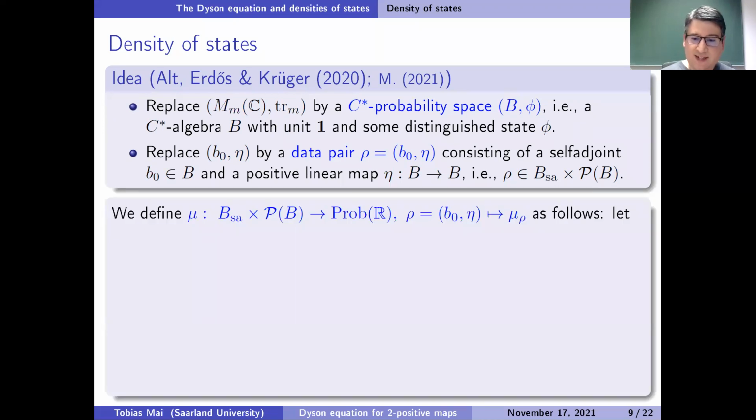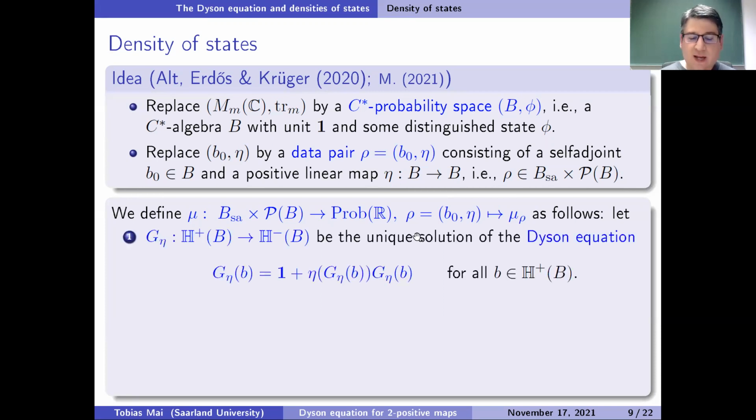So the idea is now we would like to associate to any such data pair a probability measure. So what we do is we take any tuple consisting of a self-adjoint matrix in B and a positive linear map from B to B, and we would like to associate to it a probability measure on the real line, and we do this as follows.